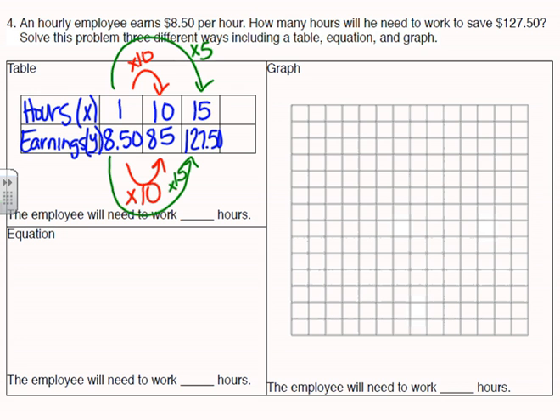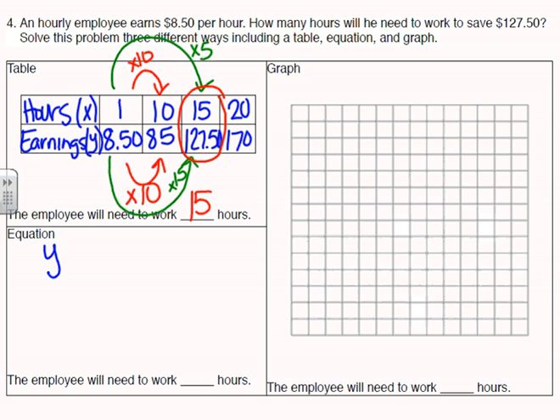I do want to fill in the entire table, so let's go ahead and include 20. If I include 20, that should give me a total of $170. So based only on the table, this value right here tells me that for 15 hours, you'll make $127.50. We get 15.